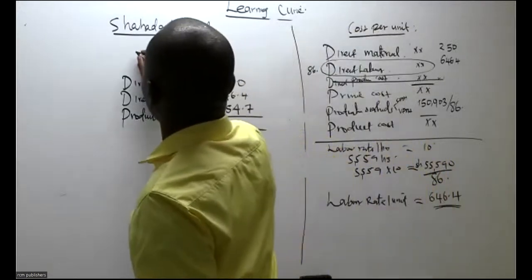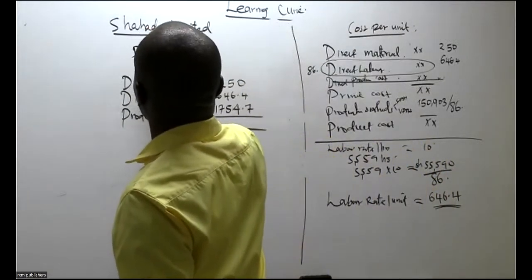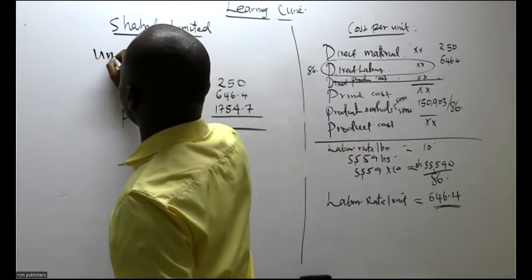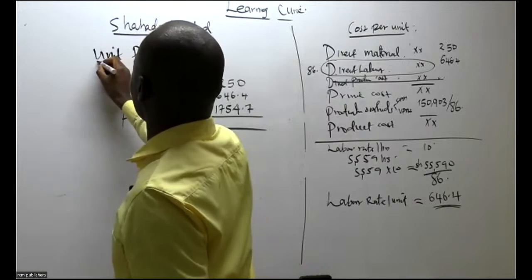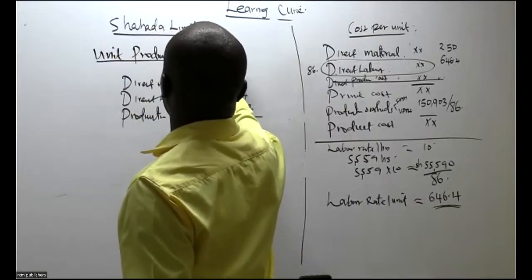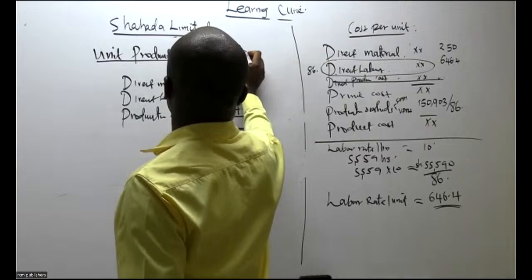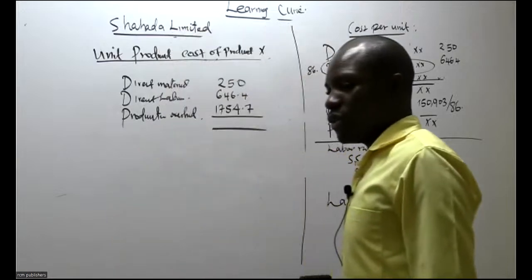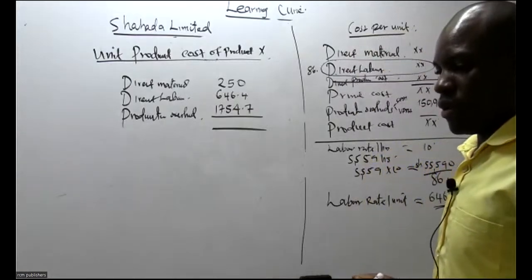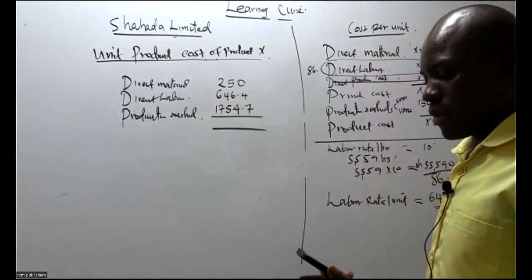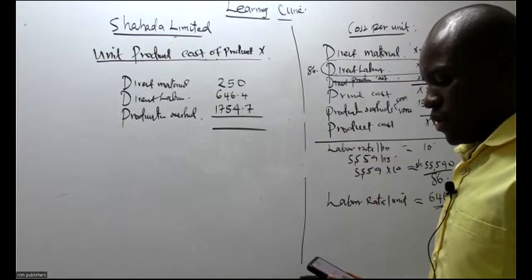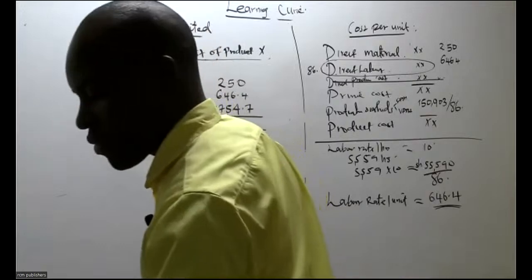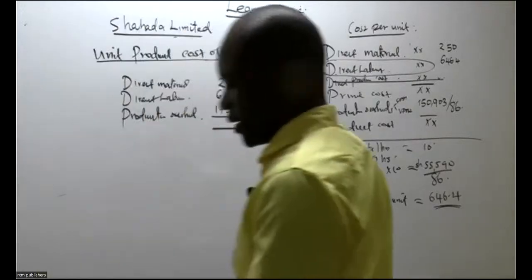So just say unit production cost for product X. Tunapata ngapi total? Let's add it.